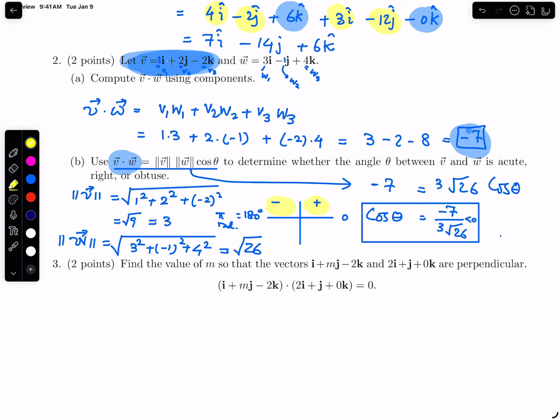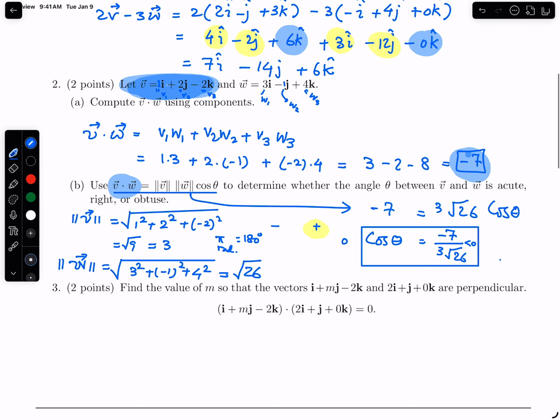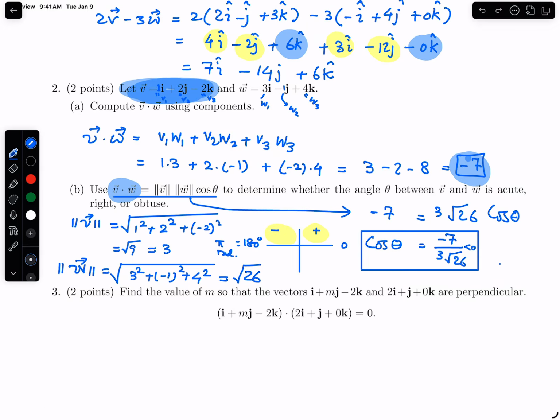If it is negative, we are in the second quadrant. If the angle is in the second quadrant, then obviously the angle should be greater than 90, so the angle is obtuse.